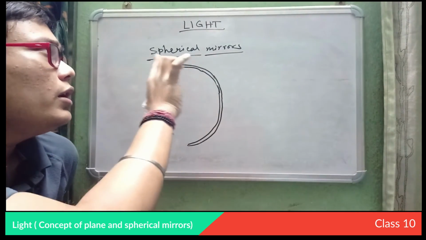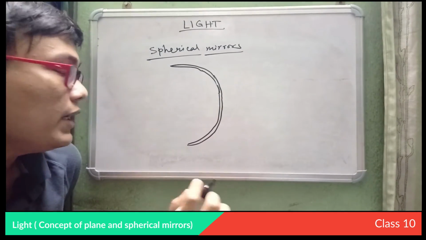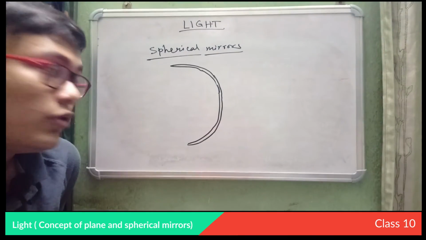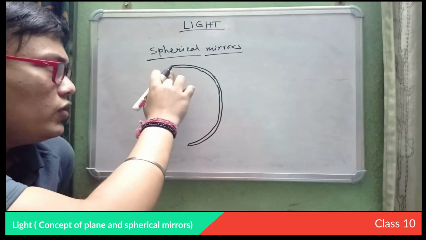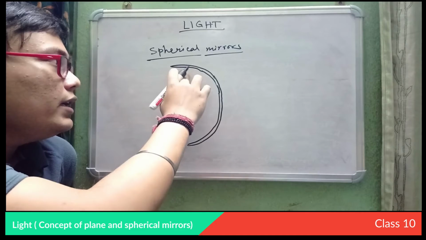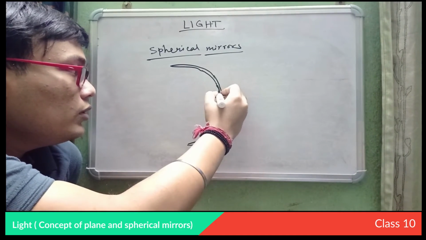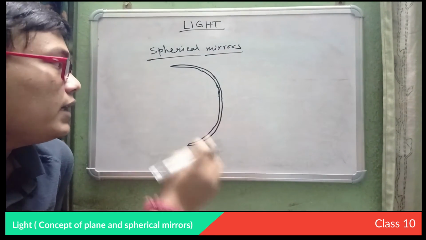In the case of a hollow mirror, we have two sides, a convex and a concave. Let's forget mirrors for one second and concentrate on this side. Though this side is inverted, I'm talking about this side.